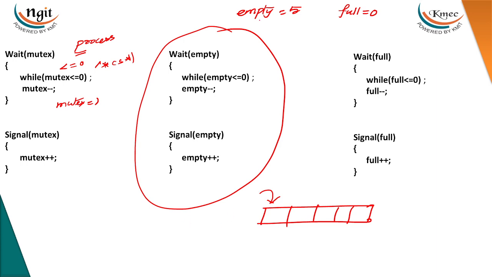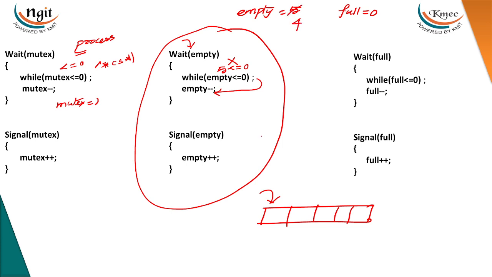So a process which executes wait on empty, what will happen initially? Is 5 less than or equal to 0? No, it is false. So the while condition will be broken and empty minus minus is executed, so empty becomes 4.